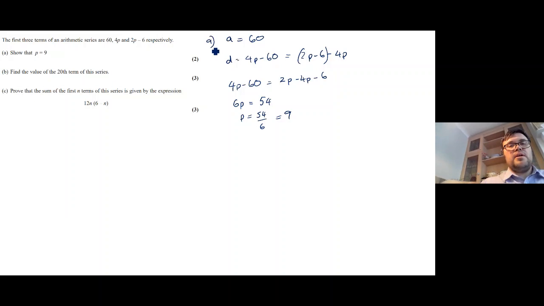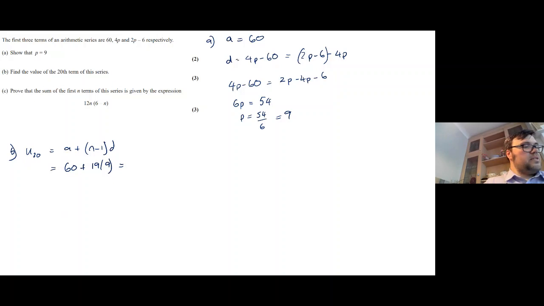Now find the value of the 20th term of this series. Well, the 20th term would be U20 equals a plus n minus 1 d. So it is 60 plus 19, and the common difference was 9.